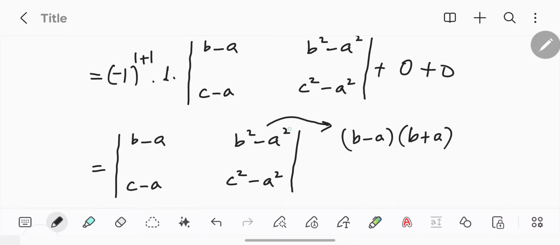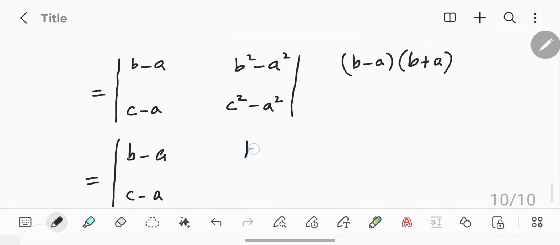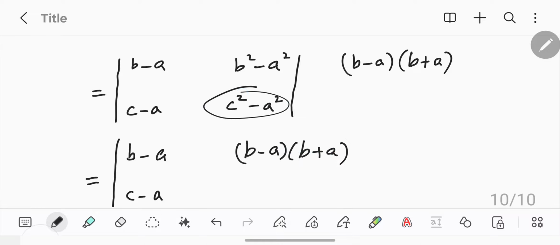If you want to prove how this formula works, just multiply this with this, then this with this, then this with this, then this with this. You will get b square minus a square, okay? So instead of b square minus a square, I will write its formula, b minus a into b plus a. Similarly, here c minus a into c plus a.